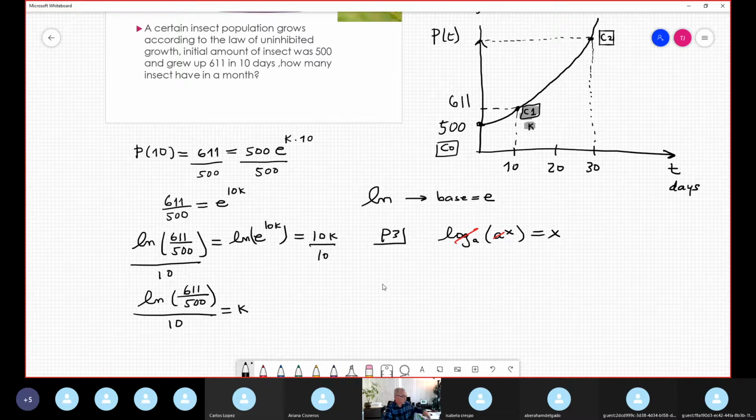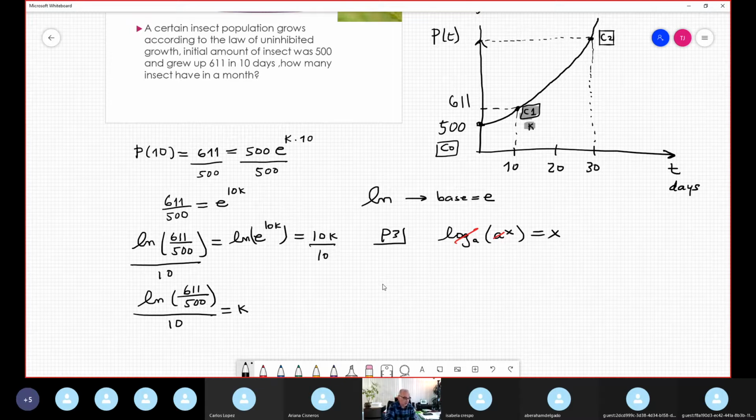However, you store it in the memory of the calculator, because any modern calculator has one key to store a numerical value that is not the final answer, the partial answer.